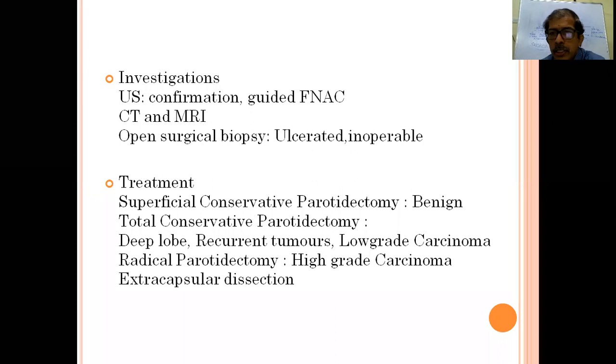Why in parotid, particularly in pleomorphic adenoma, may there be recurrence? Can anybody tell me? You are all pathology pass. I believe one or two of you might have got even distinction in pathology, whether deserved or not, I don't know. Can you tell me why there may be recurrence in pleomorphic adenoma?